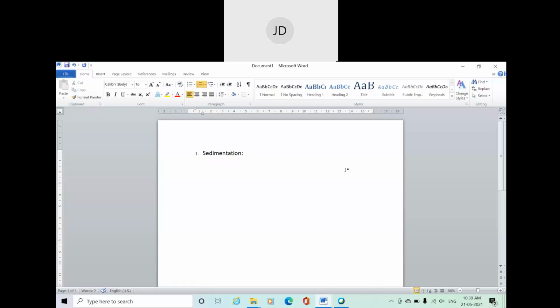That means whatever heavy matter is present in the water directly settles on the top surface of the sand. Simple as that. This is sedimentation. Fine. So this is one mechanism.